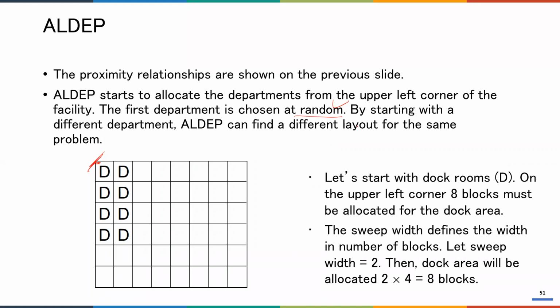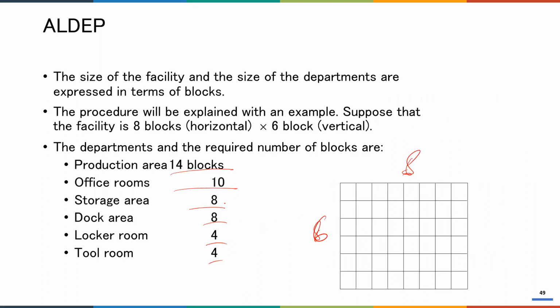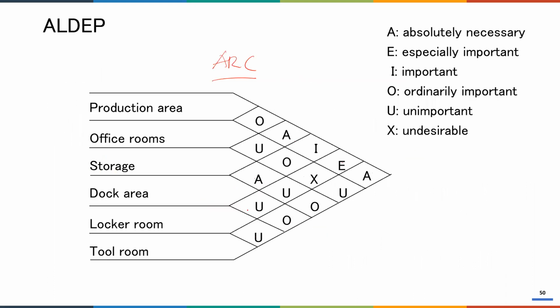While in CORELAP, because we use the value of TCR, there won't be any problem, and you will construct only one solution. So let's say here, for the example, we choose the dock room, or we represent it as D, yeah, and the dock room needs 8 blocks.